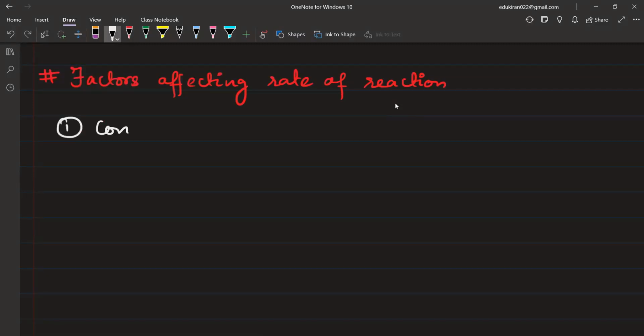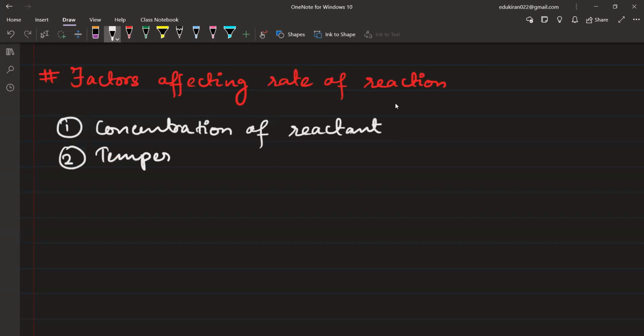First one, the most detail that you have to study, is concentration of reactant. Second that we have to study is temperature. Third, we have to study presence of catalyst.